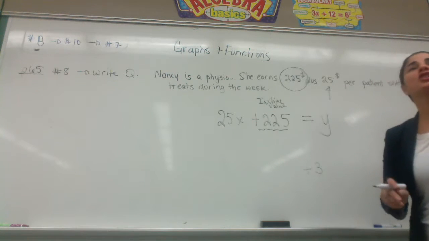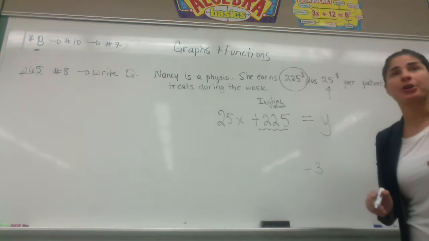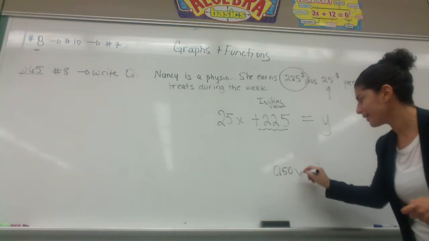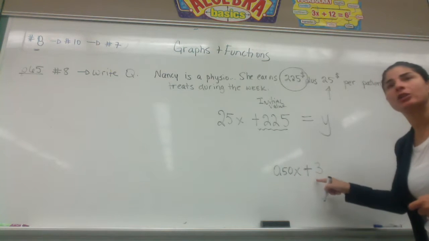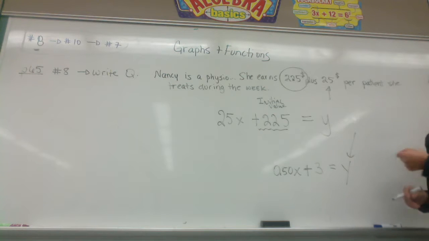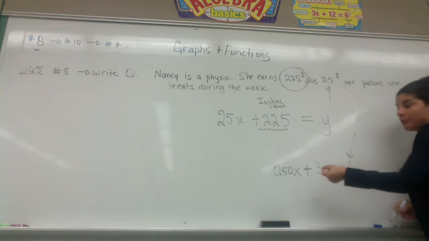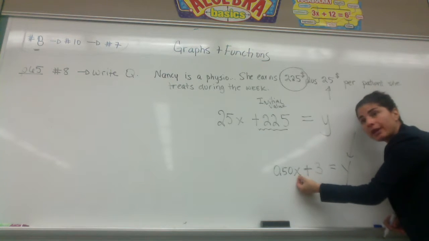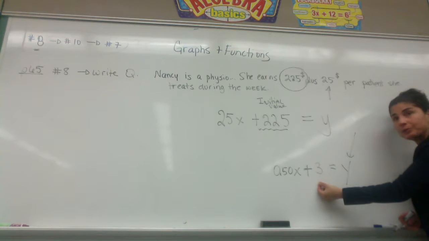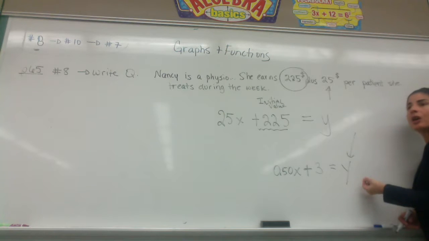And then I said it costs you 50 cents per kilometer. Well, then I would have to write 0.50x plus my $3 would give me the cost of what they would charge me. So depending on how far I'm going, plus the $3, which was an initial value, would equal how much I would have to pay.